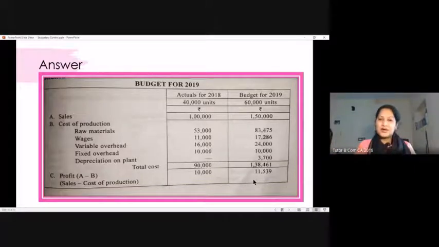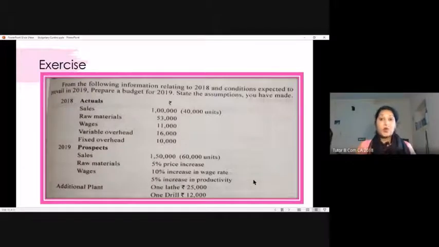The basic logic is that you are trying to accommodate the changes in your activity level when you go with budget preparation. You're not keeping it fixed. You know there can be a variation in your production capacity for the coming quarter or the coming financial year based on changes happening in the market.